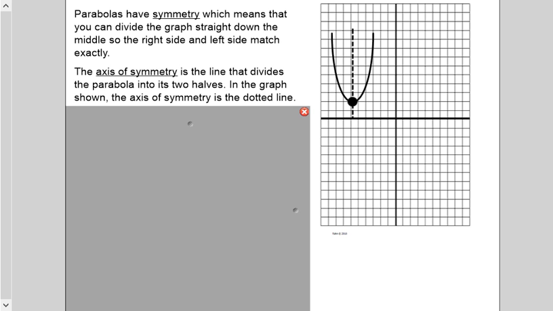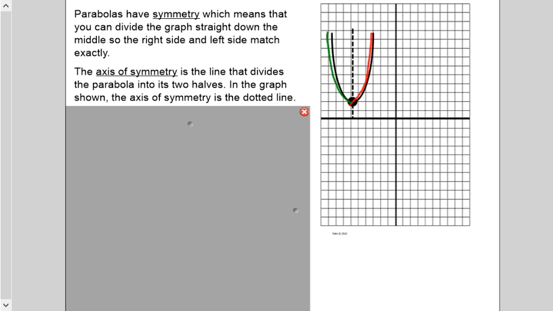Next definition, the axis of symmetry. The straight line that divides the parabola into its two halves. In the graph shown over there on the right, the axis of symmetry is the dotted line. So the right half of the graph, if I make it this red line, and the left half of the graph, if I make it this green line, match exactly.